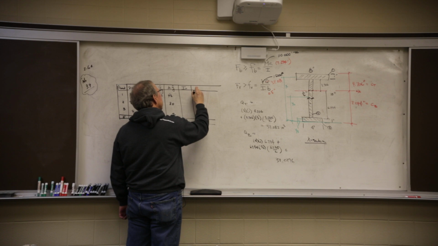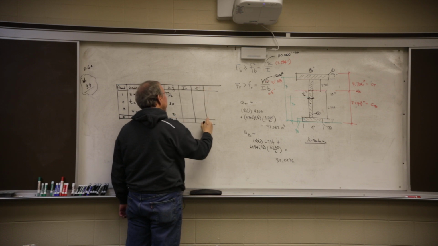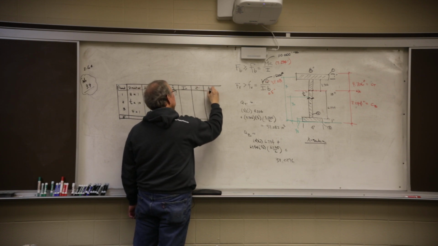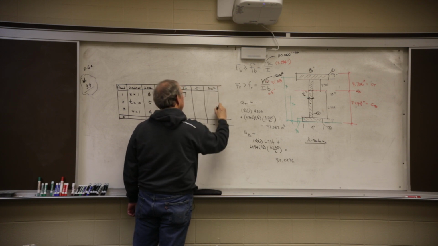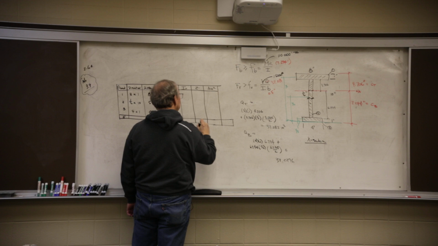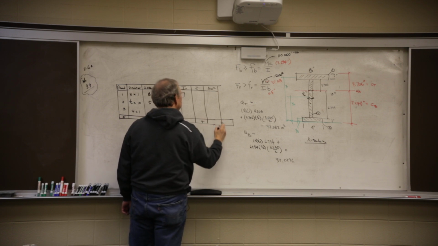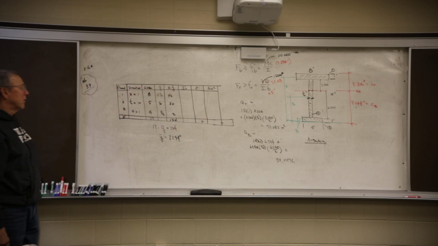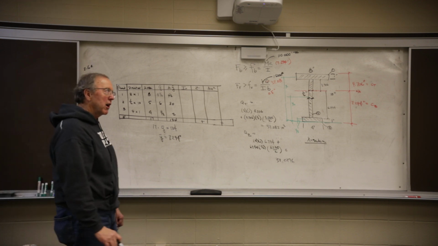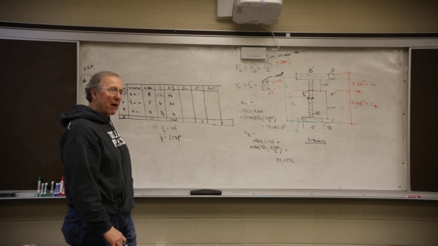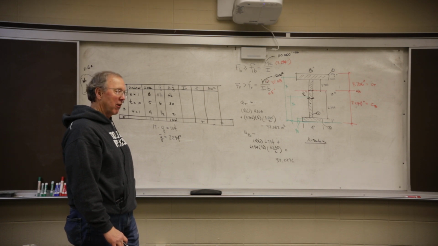This is Z. AZ squared. Okay, IO. IO is the moment of inertia of the individual element about its center line.